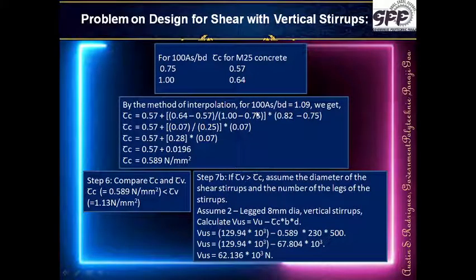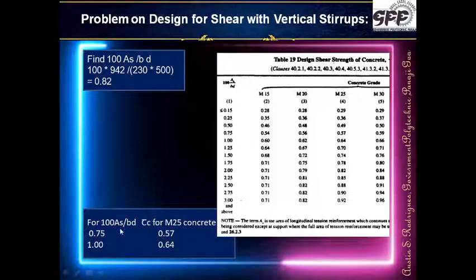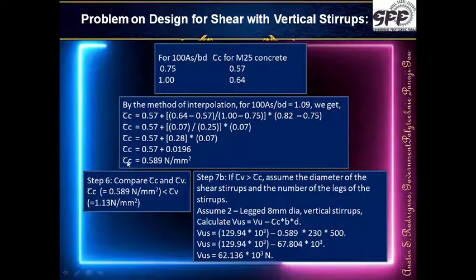So by interpolation we get tau c as 0.589. For the value of AS upon BD which is needed, 0.82, we get tau c when we calculate, that is 0.57 plus the difference between these two divided by difference between these two multiplied by difference between what is required and the smaller one.